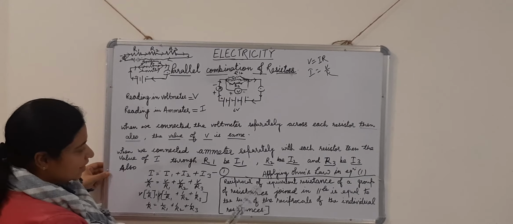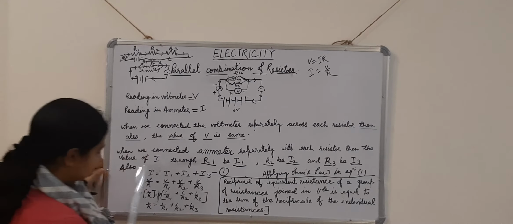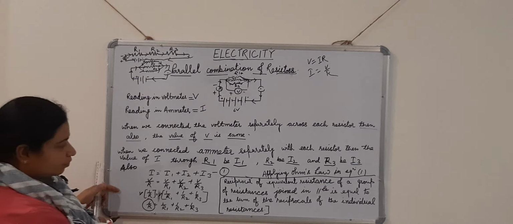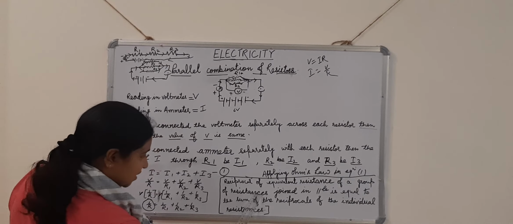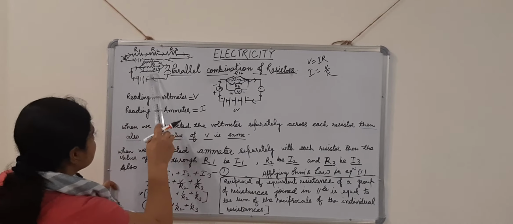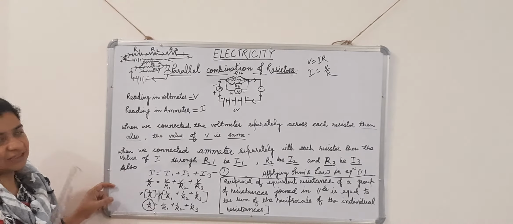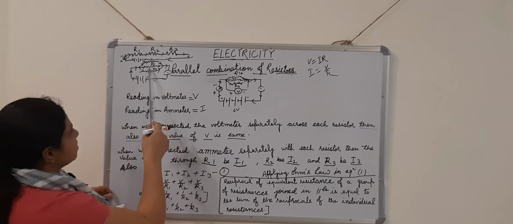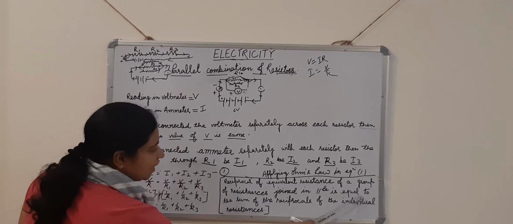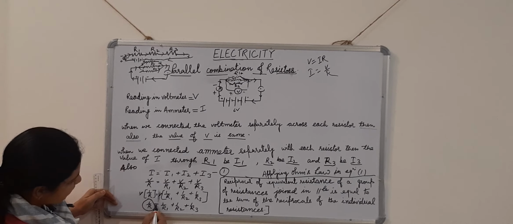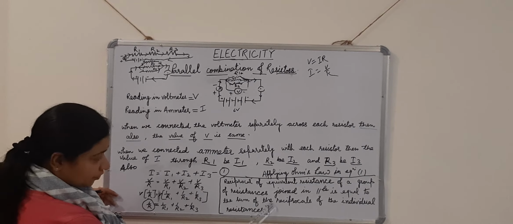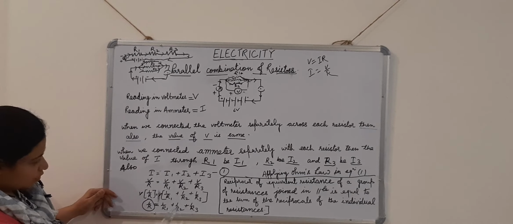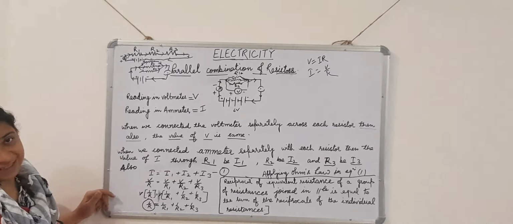It means the reciprocal of equivalent resistance of a group of resistances joined in parallel, because there are three resistances, that is why it is called a group of resistances joined in parallel, is equal to the sum of the reciprocals of the individual resistances.